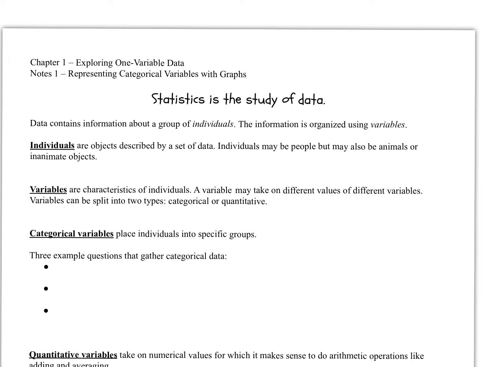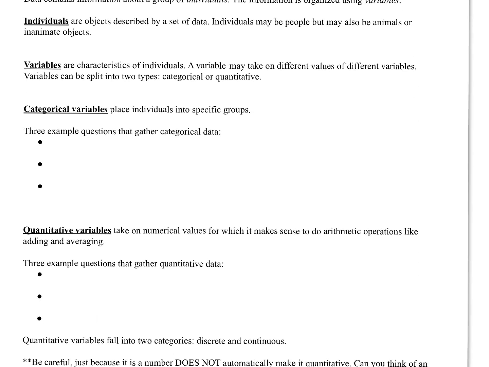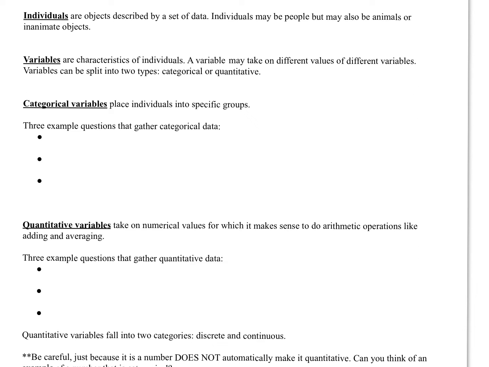So categorical variables place individuals into specific groups. The way I like to think about categorical variables is that they are not numbers. So categorical is usually descriptive in some way. So for example, gender is categorical. Colors are categorical.